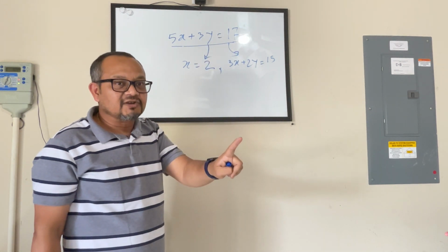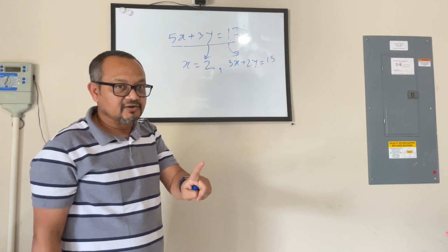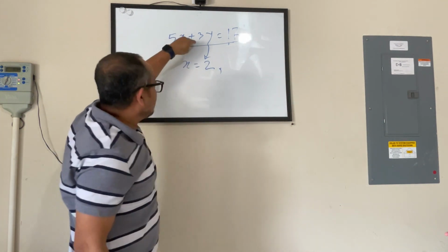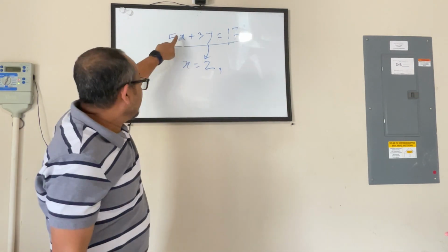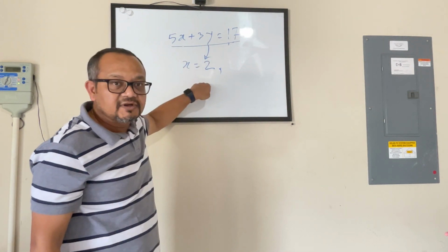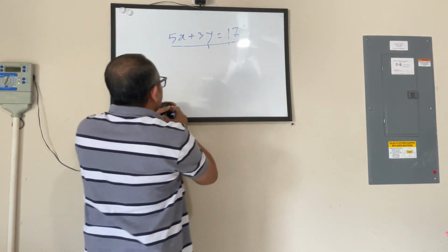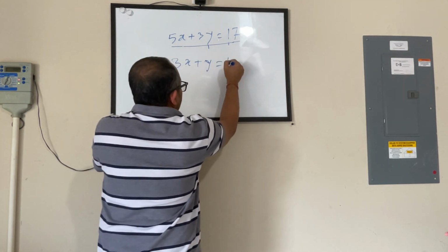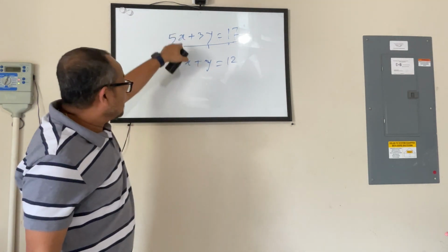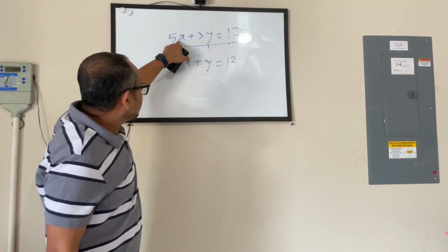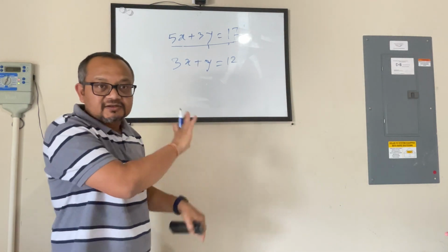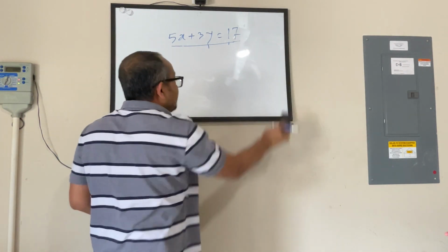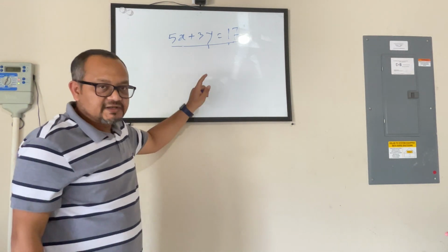If you have one equation, you'll be able to solve only for one variable. Here, if I look at these two combinations, this is one equation, this is another equation. I have two variables, I can solve it. There are two equations and there are two variables, x and y. I can try solving it. But if somebody says just one equation, you'll not be able to get an exact solution for it.